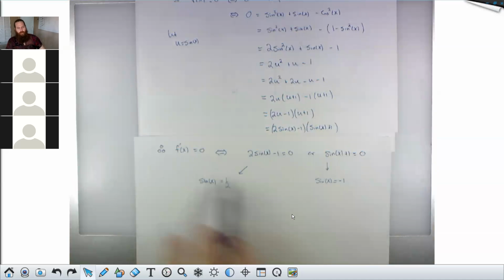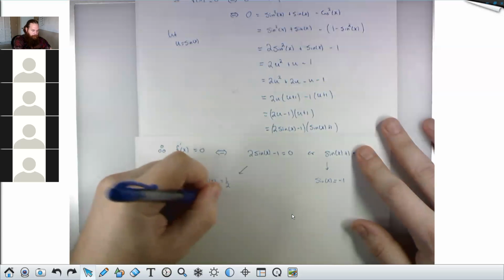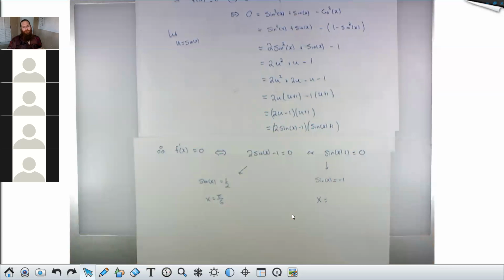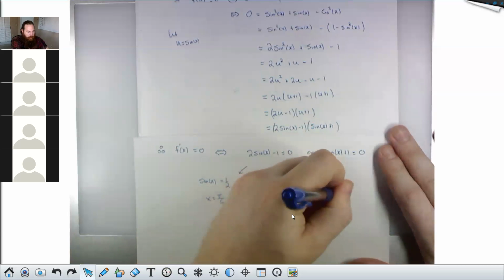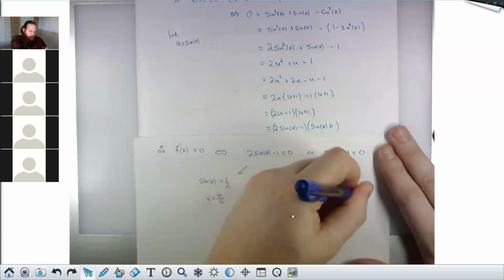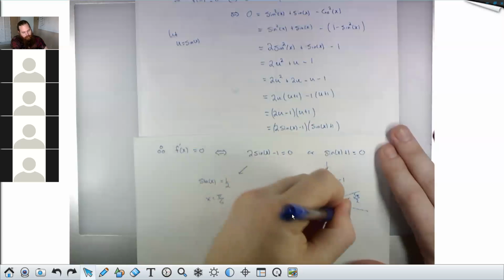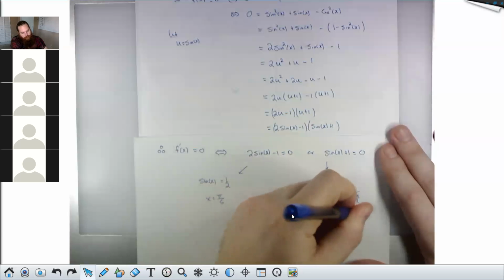Where is sine x equal to 1/2 on that interval? Pi over 6. Good. And where is sine x equal to negative 1? Negative pi over 2. Yeah, so we could write this as negative pi over 2 or 3 pi over 2, but none of these are in the interval 0 to pi over 2.